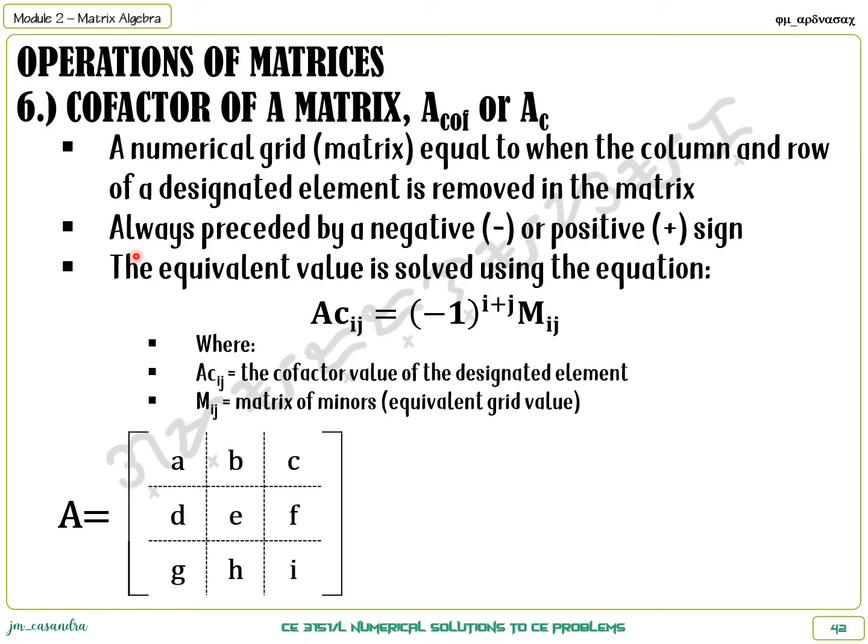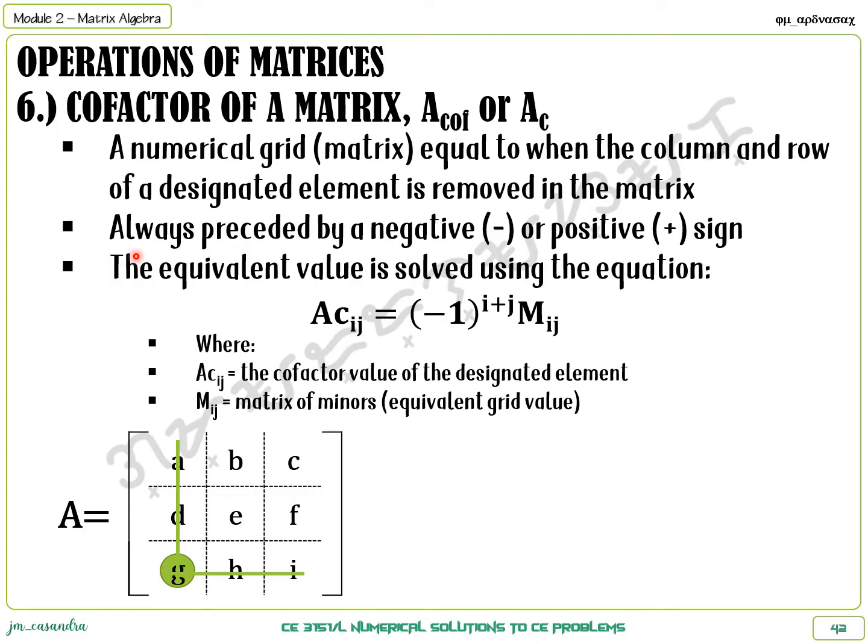So to understand the cofactor of a matrix, given now matrix A with the following elements, what we will do here is select an element on our matrix. Let's see, I will choose the element G, which is the element on 3, 1. So we'll be removing the column and the row.